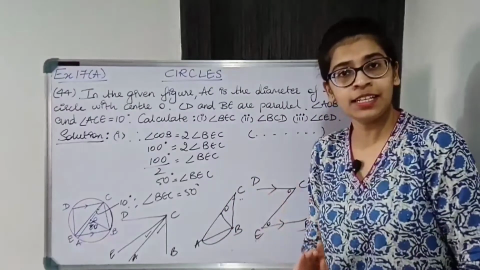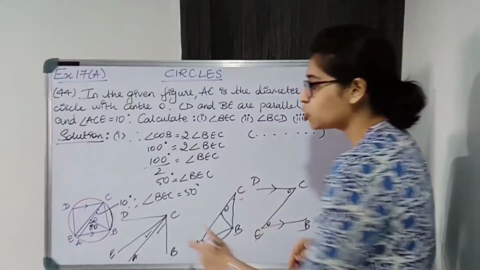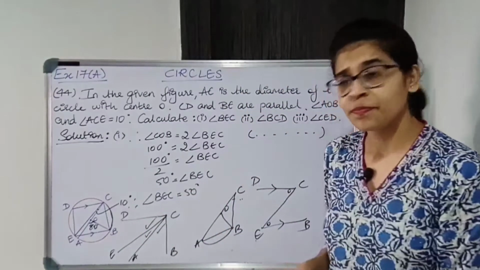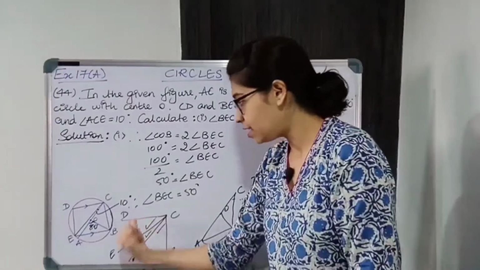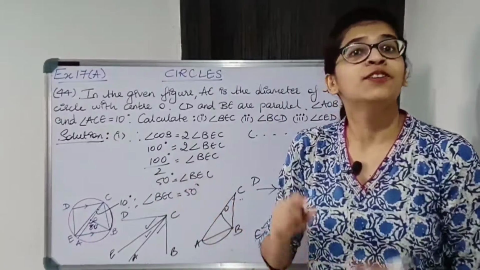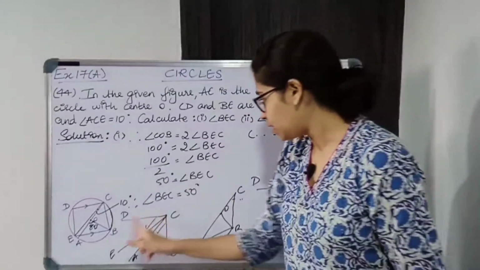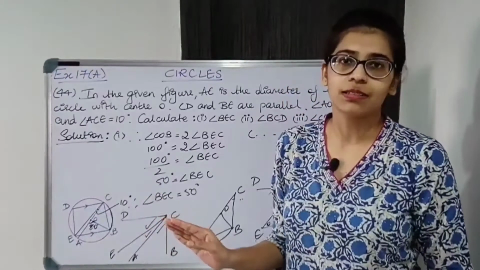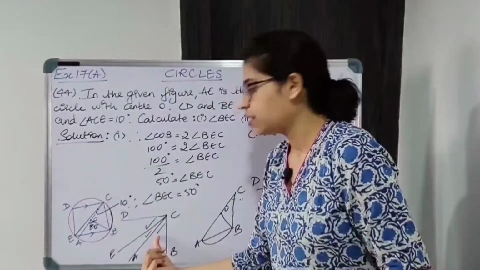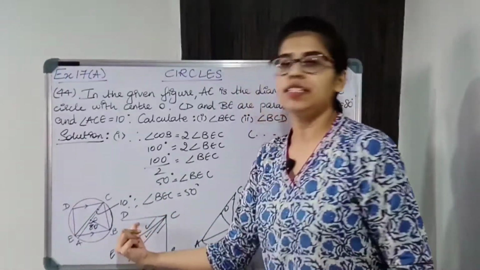BEC 50 degrees मिला है, so angle ECD भी मिल जाएगा 50 degrees. I can find ACB. I know already ACE and ECD मिल जाएगा from BEC. So we can easily find angle BCD. Okay, just add these 3 angles. So let us find ACB and ECD.